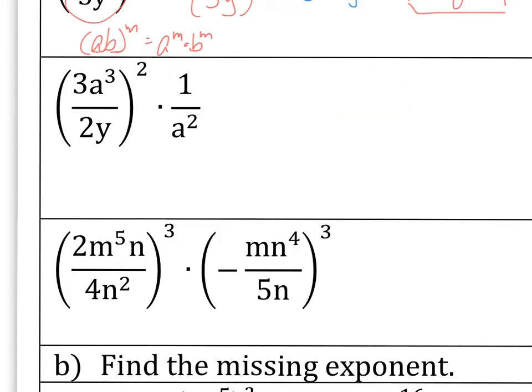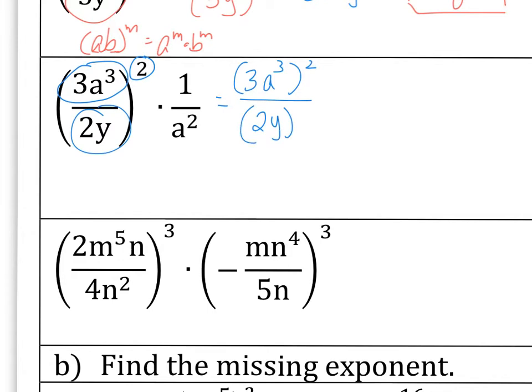Okay, for this next one here, I can share the 2 with the numerator, 3a cubed. We put parentheses around this, squared. And I can also share the 2 with the denominator 2y. I will recopy 1 over a squared.